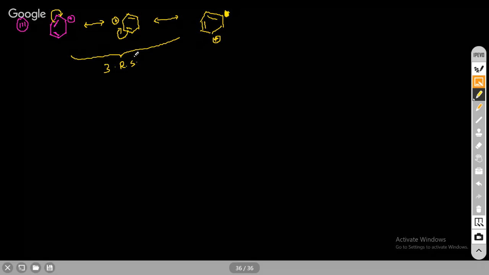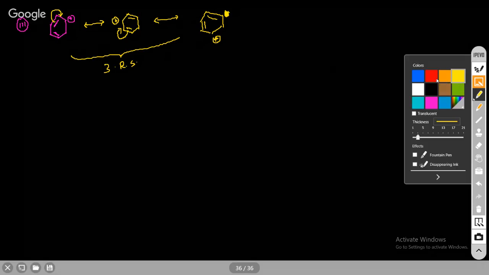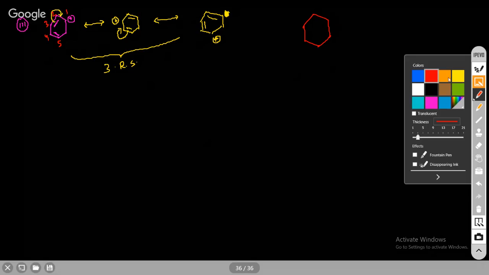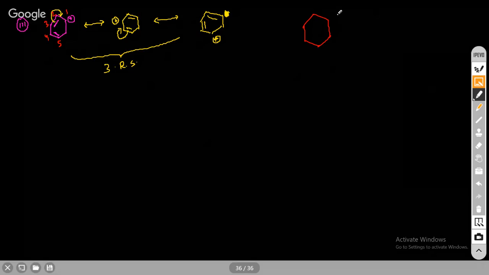And if we draw the real hybrid of this molecule, the actual structure will be like this. You see, this is first, second, third, fourth, and fifth carbon. So from fifth to first, the pi electron is delocalizing, right? From here to here, the pi electron is moving. So this is 1, 2, 3, 4, and 5.